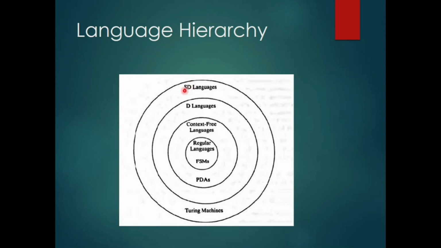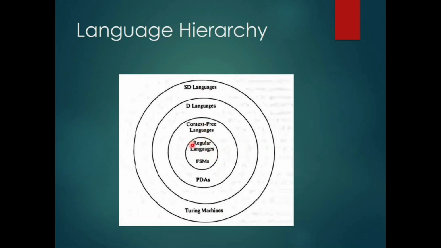Language hierarchy. Till now we were talking about the various properties of a language. Now let us see the various categories of languages which we will be learning in this course. We'll start with the simplest language, which is called regular languages, and this is the hierarchy shown.